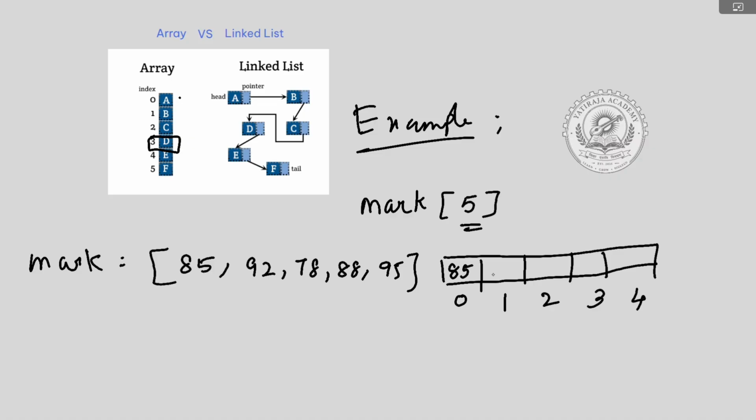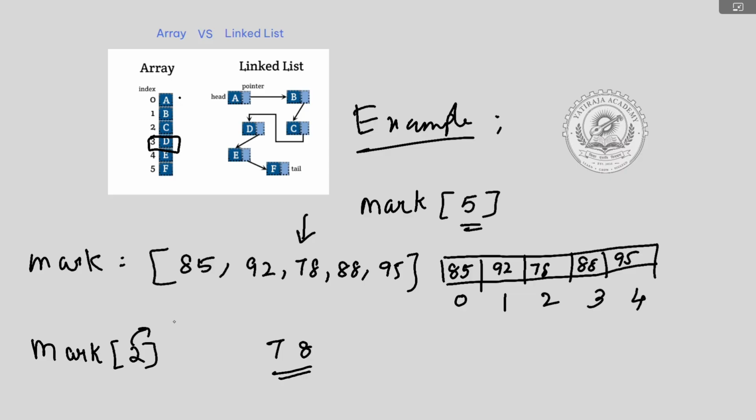To access 78, you can directly call mark of 2, and it will print 78.